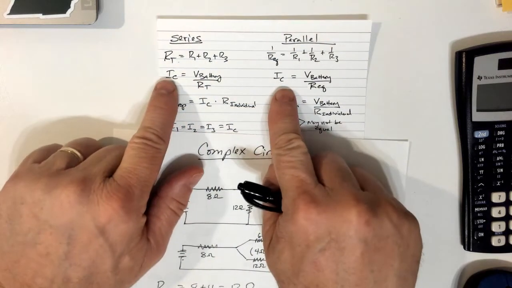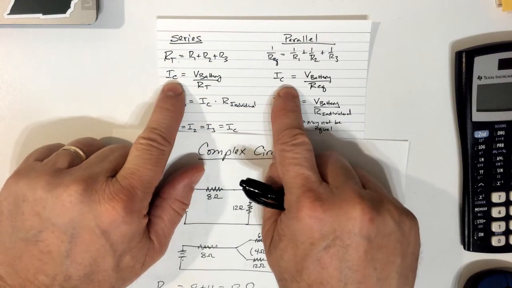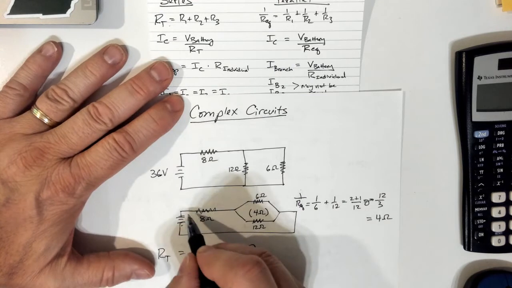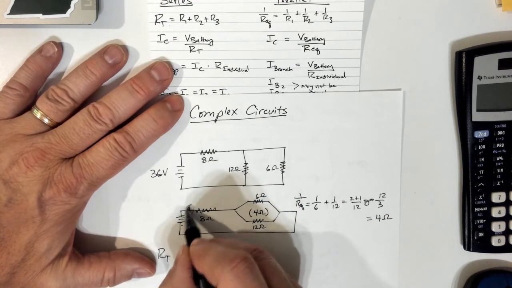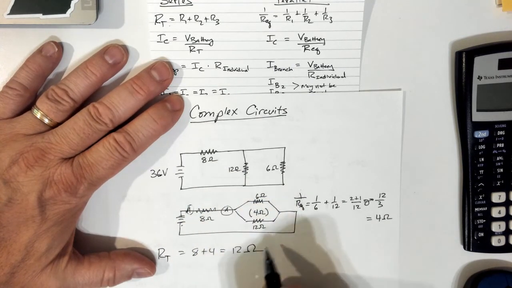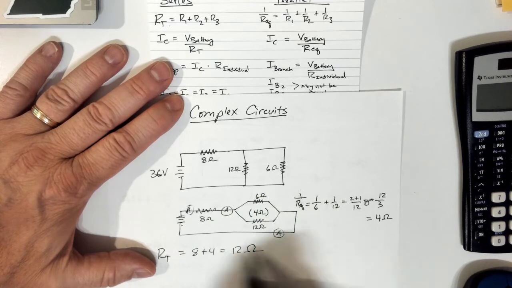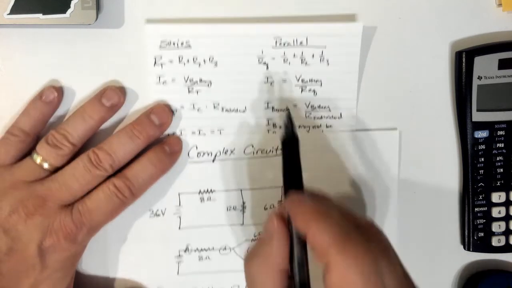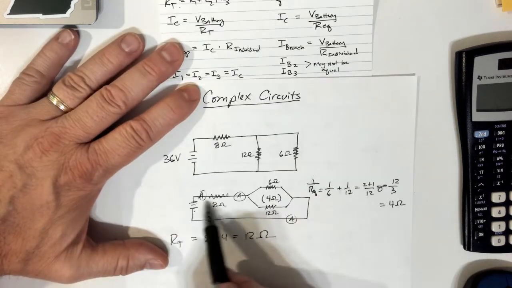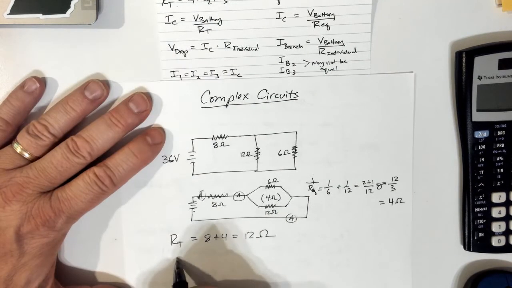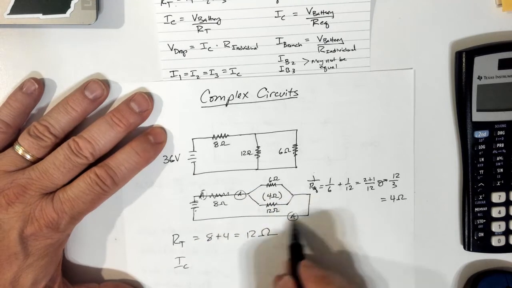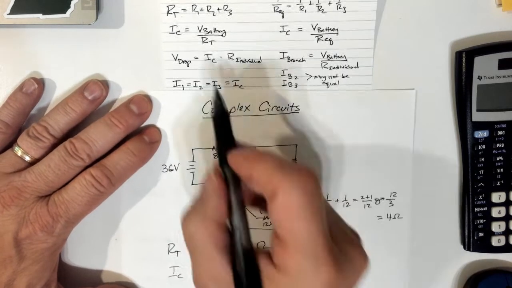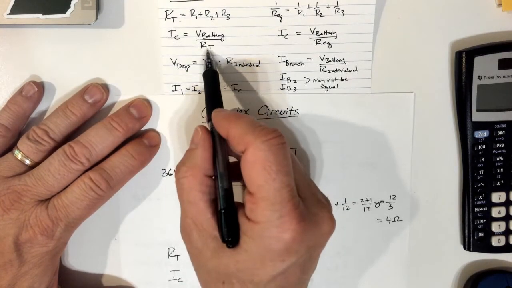The next thing, of course, we always want to find is the current through the whole thing. Remember, an ammeter can be here, it can be here, it can be over here. It's going to be the same everywhere, but it won't be the same through here because in the branches it changes, but it is the same everywhere else in the circuit. So let's find what it could be all the way around the series. And in a series, it's battery divided by total.